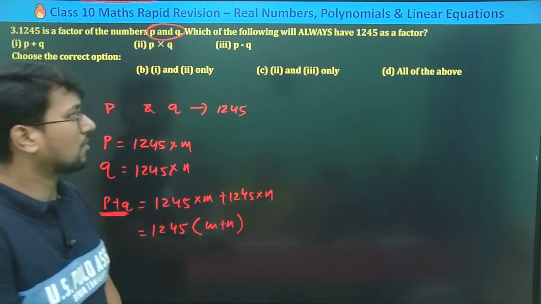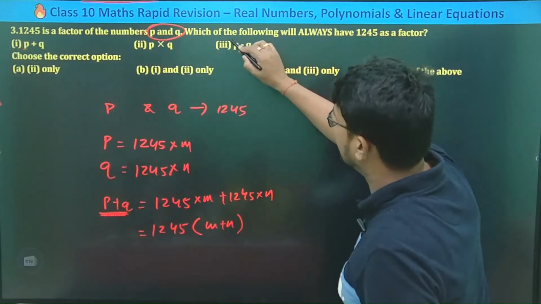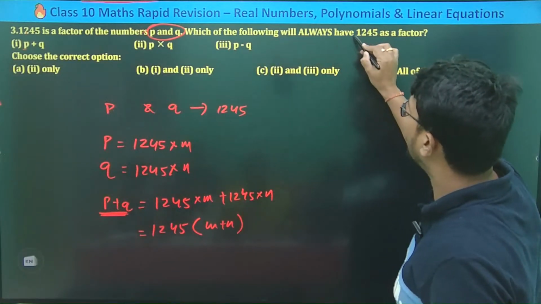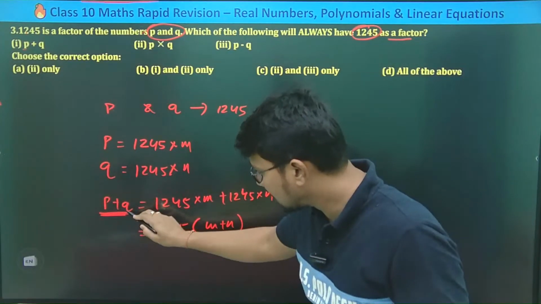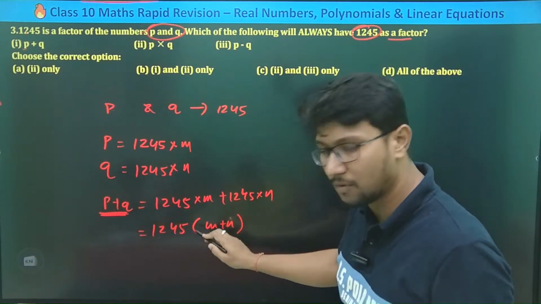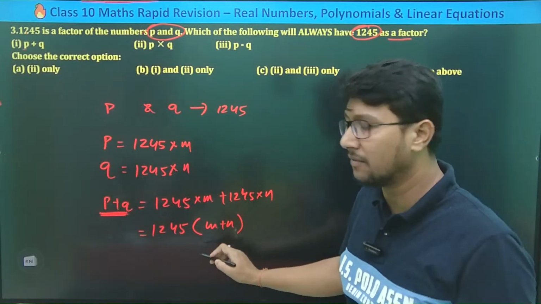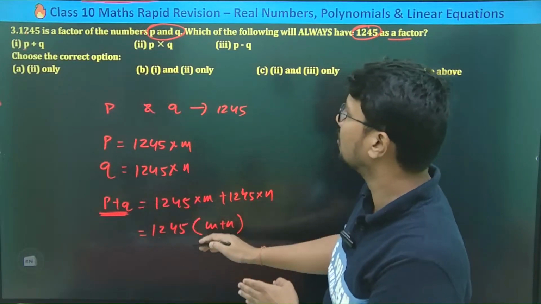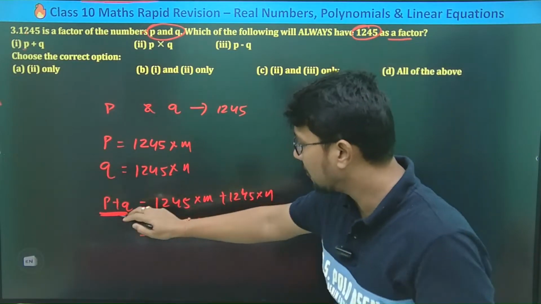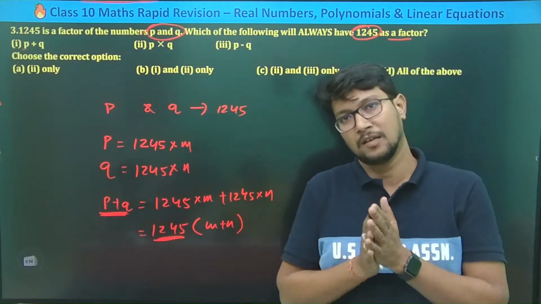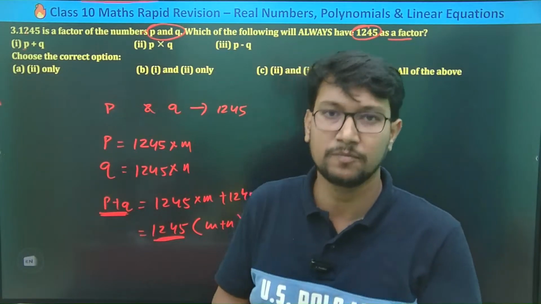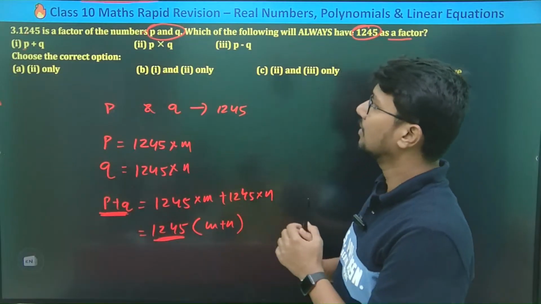Check. The question is asking which of the following will always have 1, 2, 4, 5 as a factor. P plus Q is a multiple of 1245, therefore 1, 2, 4, 5 is a factor of P plus Q. Clear everyone? Okay.